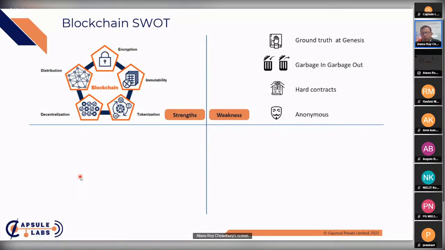If you are looking at a motor vehicle registry, a motor vehicle has a very finite lifetime, so it is possible that there was a definite point of sale when somebody bought a particular vehicle. But with land registries, especially in older cities, it may be very hard to draw a line and say that this is where things started. The genesis block itself cannot be guaranteed to be ground truth.